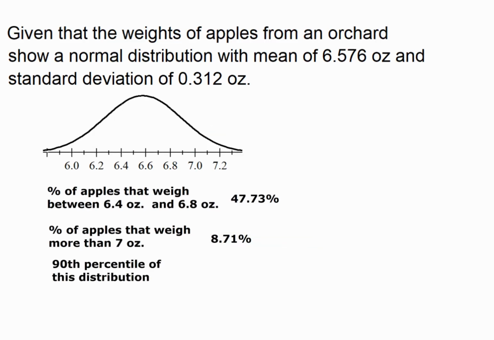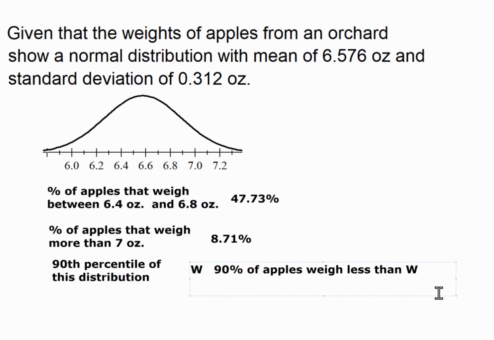Now say we would like to know the 90th percentile of this distribution. That is, we would like to know the weight W such that 90% of the apples weigh less than W ounces, right?